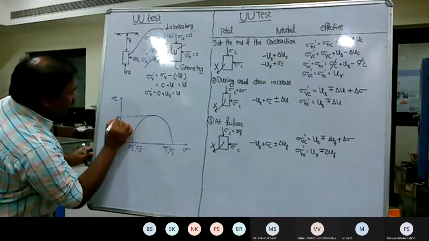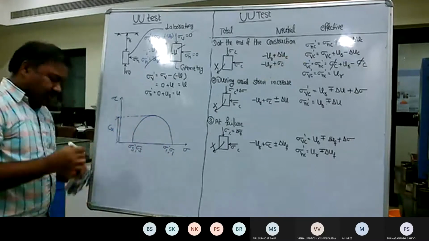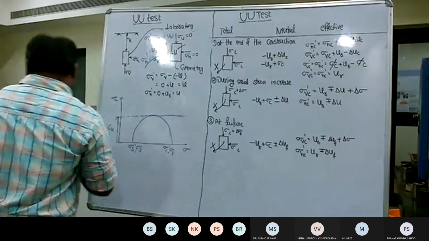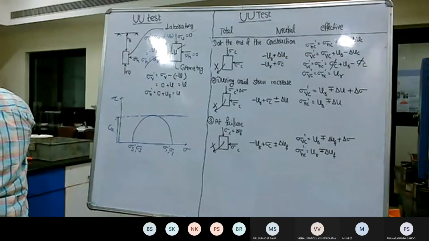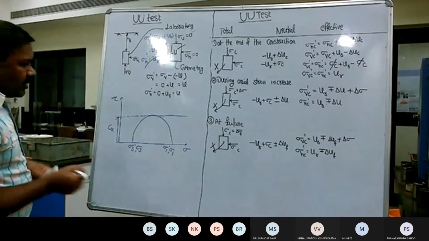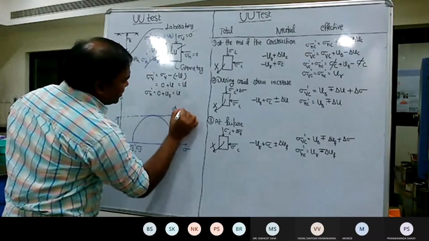And what you will get is only the cohesion component, that is Cu. So here the angle of internal friction is 0.